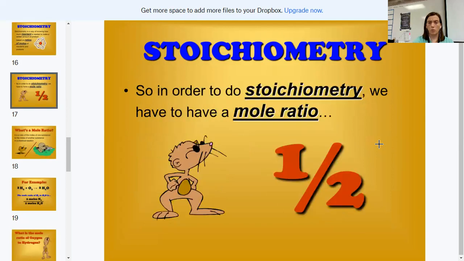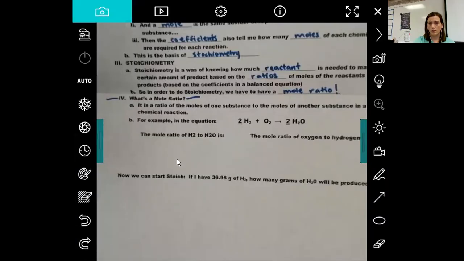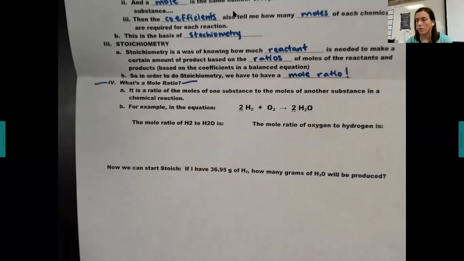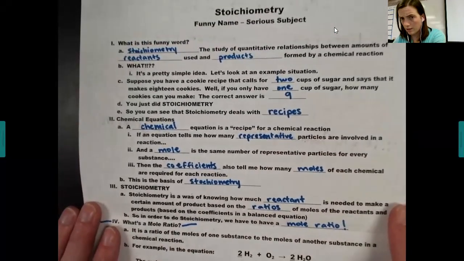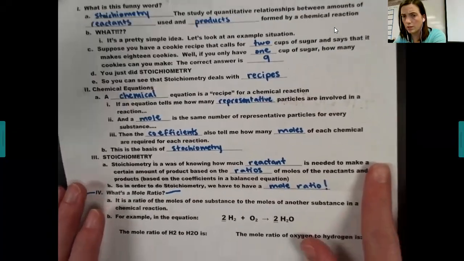So in order to do stoichiometry, we have to have a mole ratio. Now I'm going to switch my screen. Here are the notes that you have so far. If you've missed any blanks, pause and fill in what you need to.